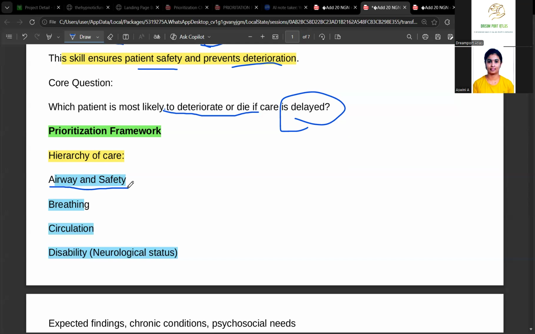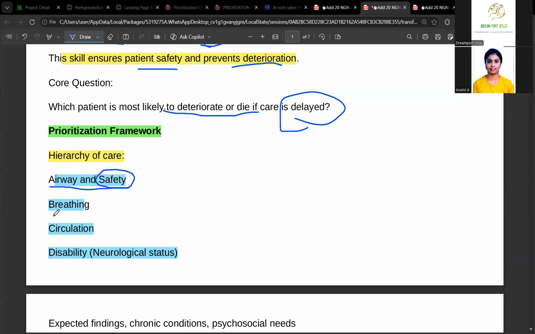If you are assessing the airway, we need to manage the airway first. In addition, your focus is on safety. Whatever actions or symptoms you are assessing, you need to focus on whether the patient is safe or not, or whether the patient's condition is getting worse or not.